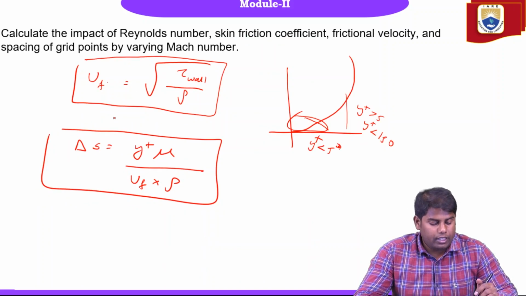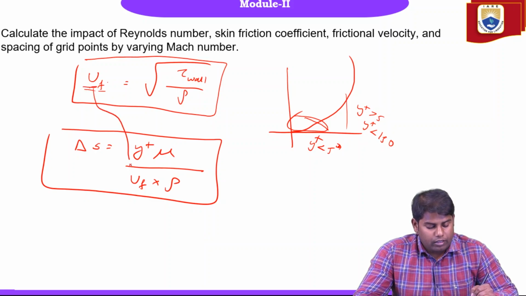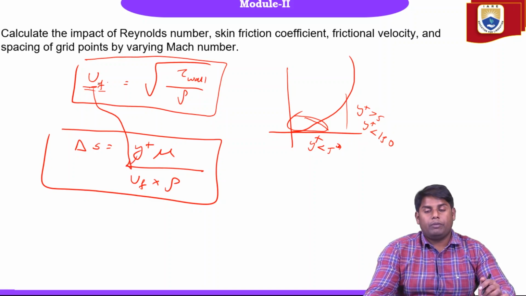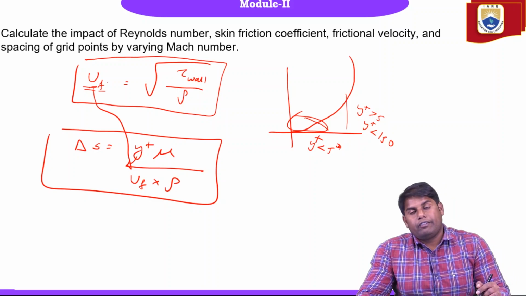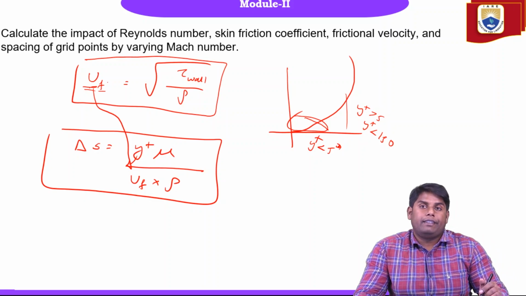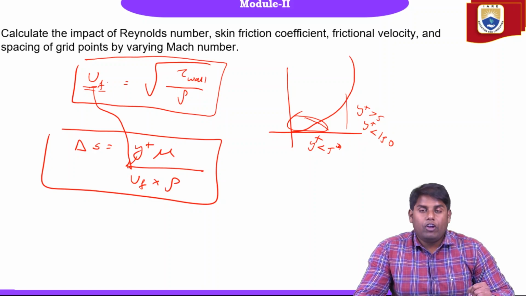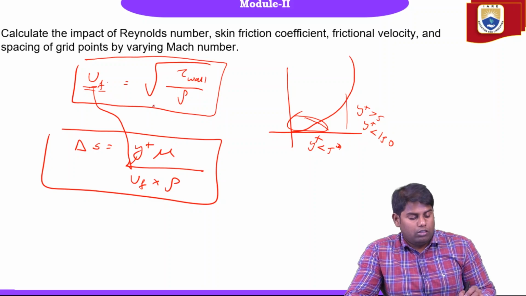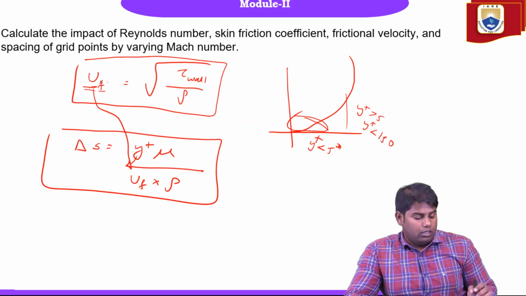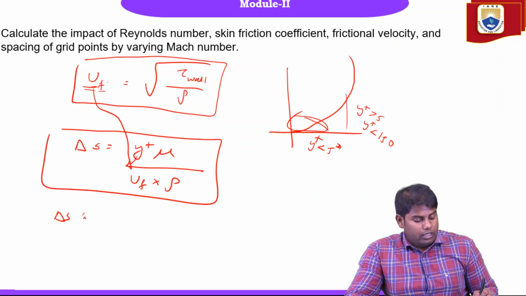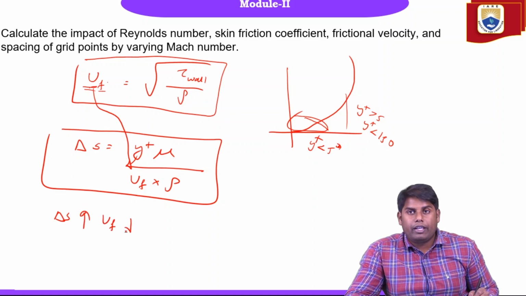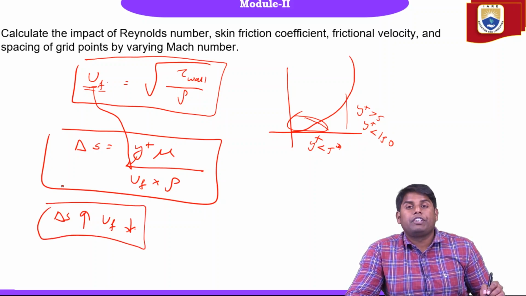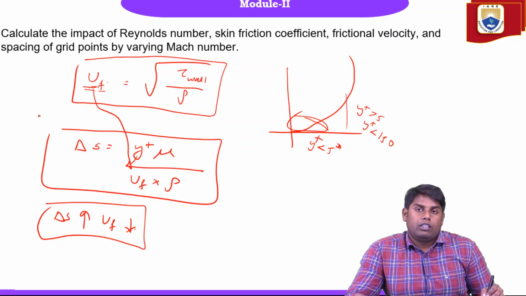So the uf value plays a big impact on the spacing. If the frictional velocity uf increases, the spacing decreases. If uf decreases, the spacing increases. So this frictional velocity has a major impact on the spacing.